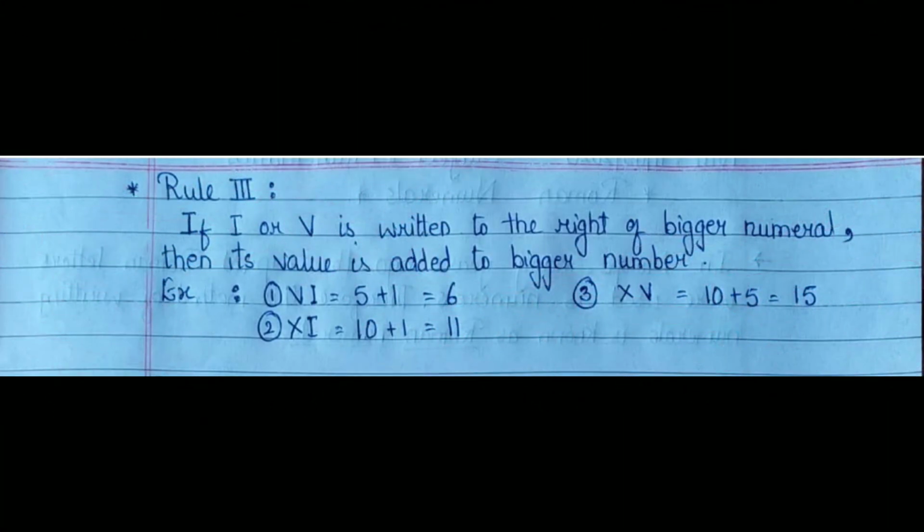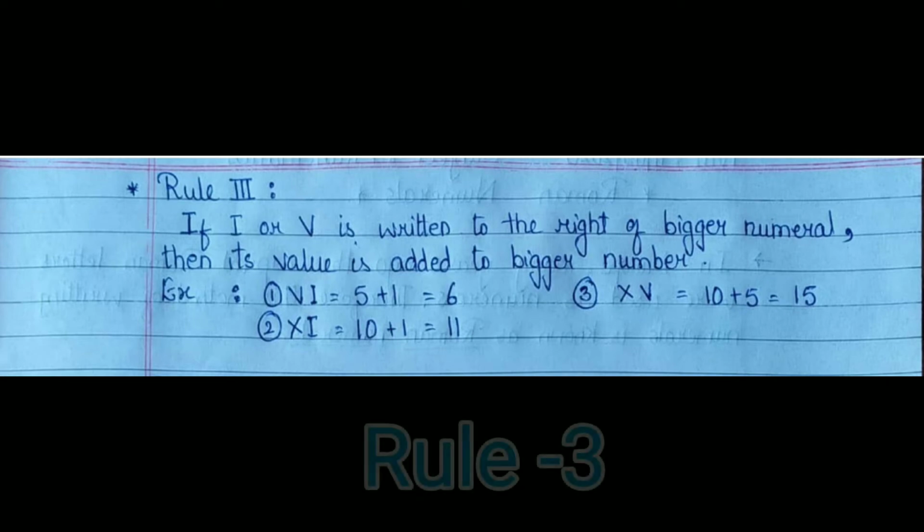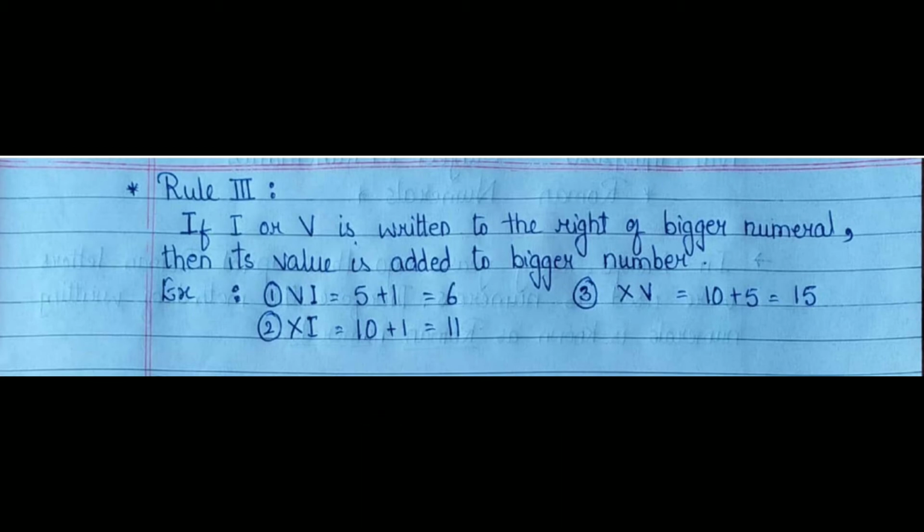Let us proceed towards our next rule, Rule 3. If I or V is written to the right of bigger numeral, then its value is added to bigger number. Let us see few examples, and our first example is VI.